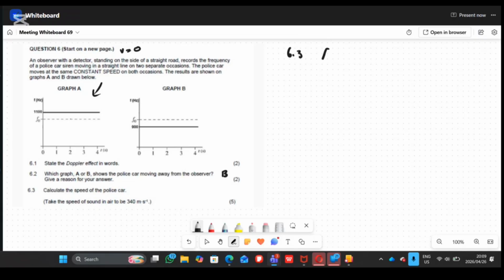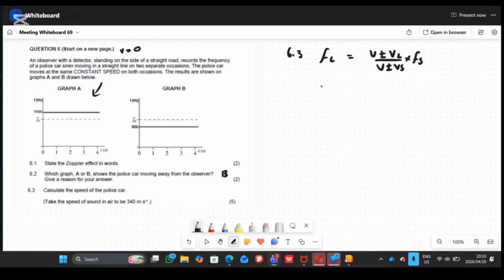You first write the actual formula. It's equal to V plus or minus V listener over V plus or minus VS multiplied by FS. So our listener in this case is stationary in both cases, right?